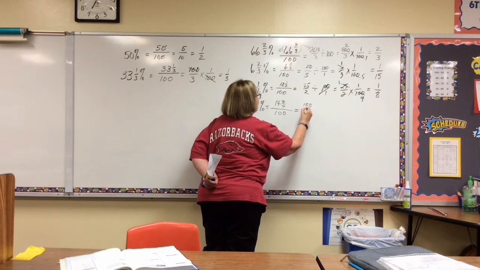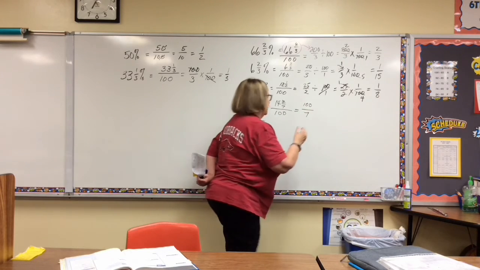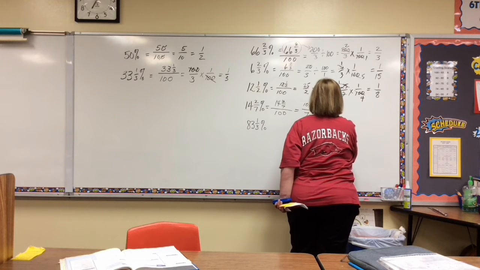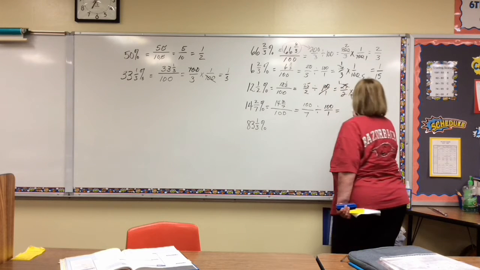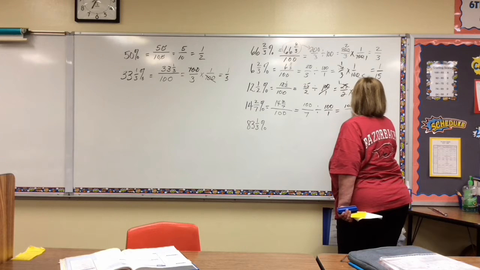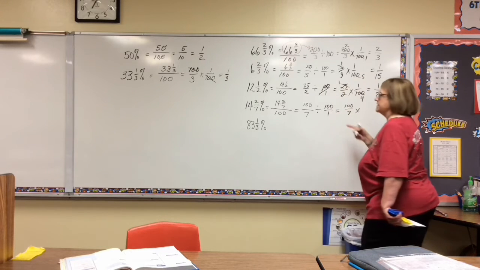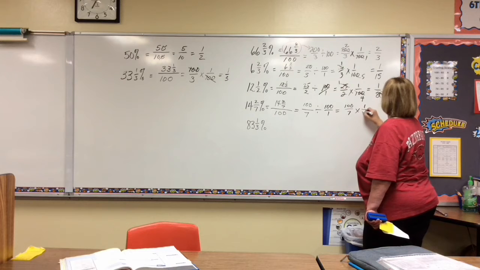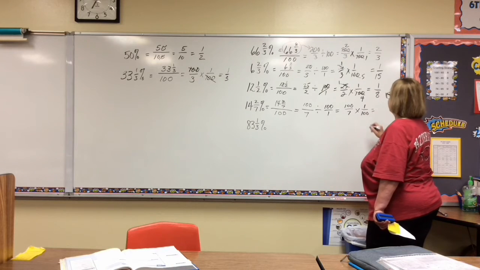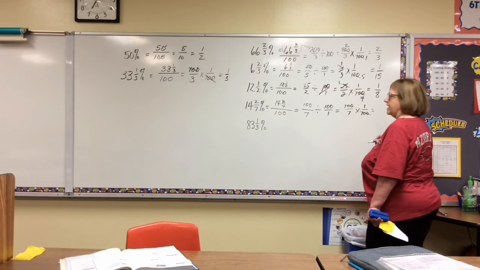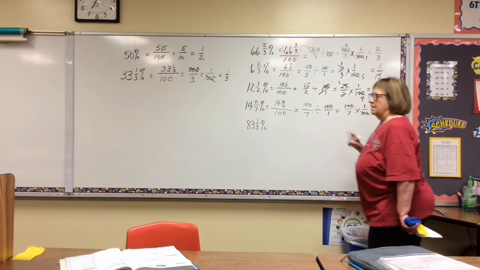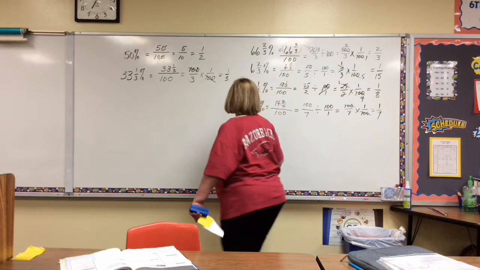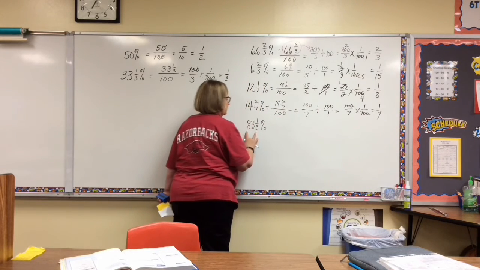So that's 100 over 7, divided by 100. So we'll write divided by 100 over 1, which equals 100 over 7 times the reciprocal, 1 over 100. Well, this one turned out easy. Divide both by 100, they cancel each other out. Our answer is 1/7.